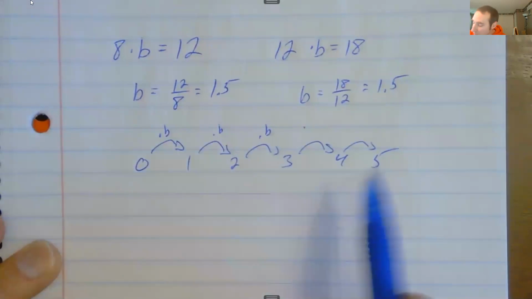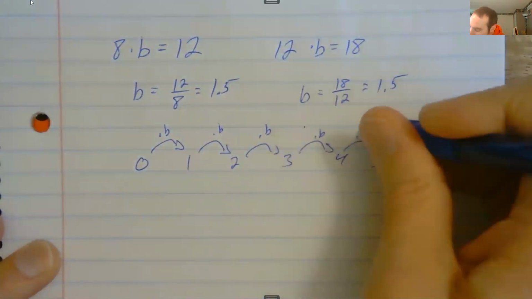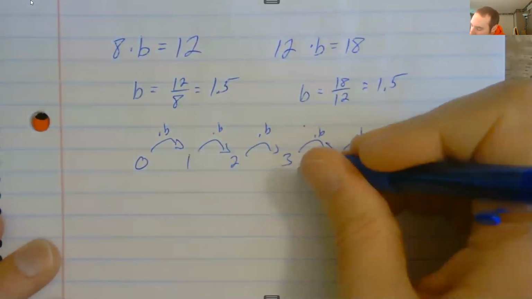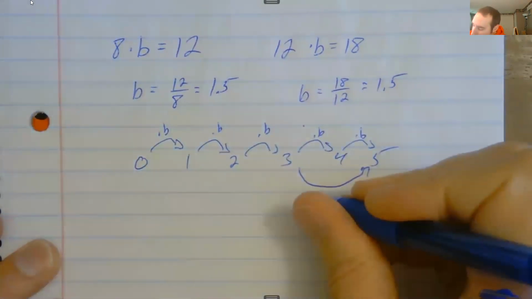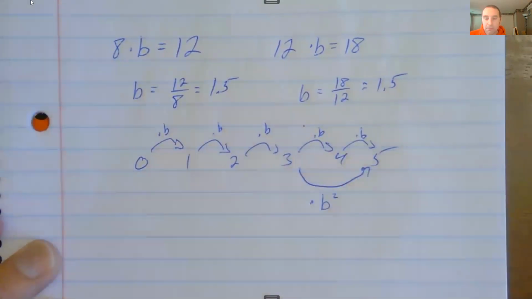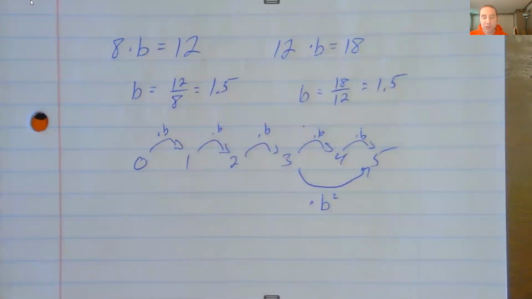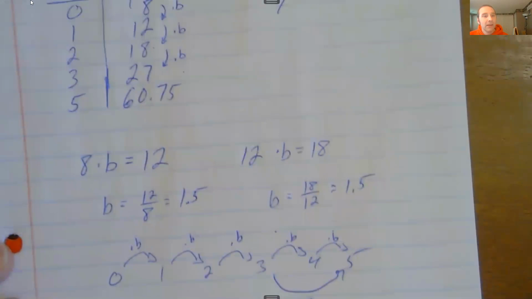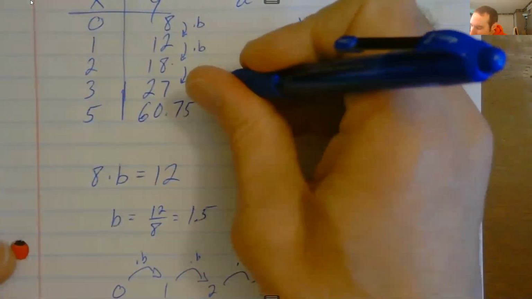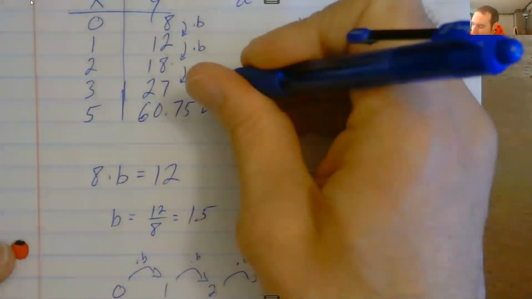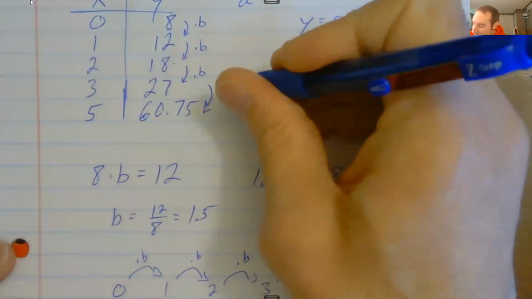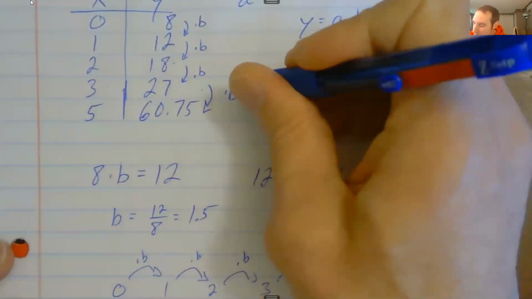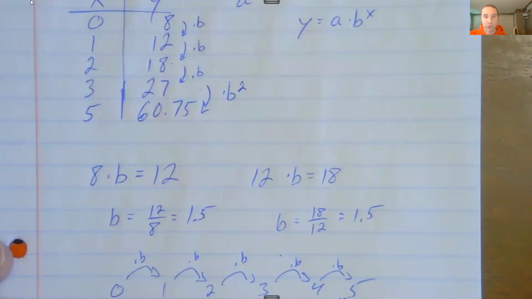Except we made a double jump here, so in going from 3 to 5, we had to multiply by b times b. We had to multiply by b squared. So we could have thought about it that way: how did I go from 27 to 60.75, because I'm going from 3 to 5. I had to multiply by b twice. I had to multiply by b squared.